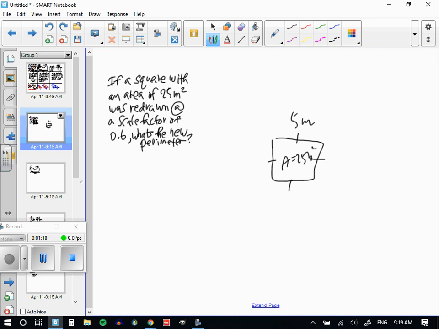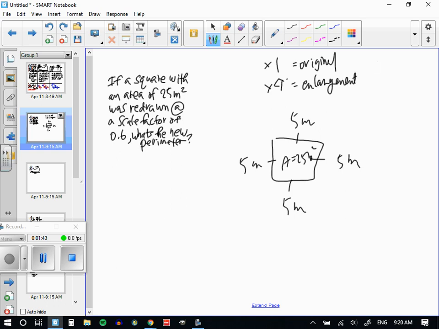Now if it was redrawn at a scale factor of 0.6, we know that a scale factor of 1 is the original image. So if I multiply something by 1, it's going to be that. If I multiply by something greater than 1, it's going to be an enlargement.